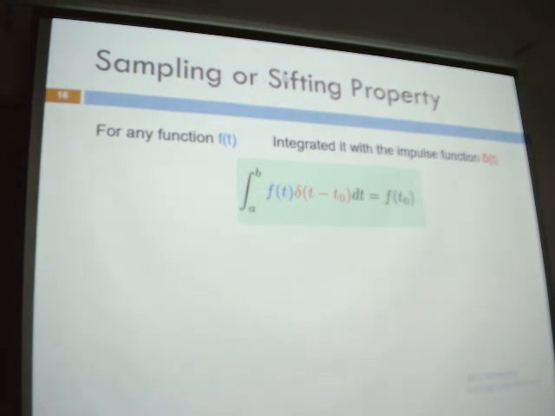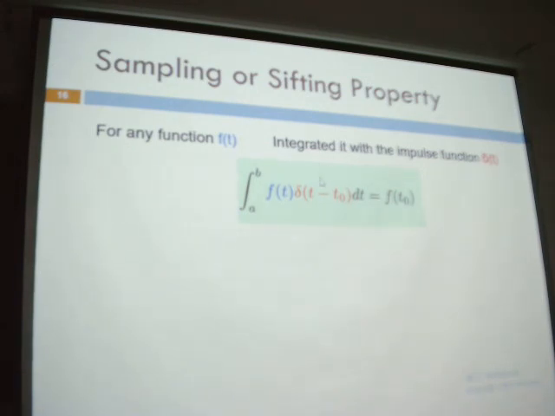The third one is the sampling or sifting property of the delta. This is an important property of the impulse function. For any function f(t), we integrate it with the impulse function delta of t minus t0, which means t is equal to t0, right?